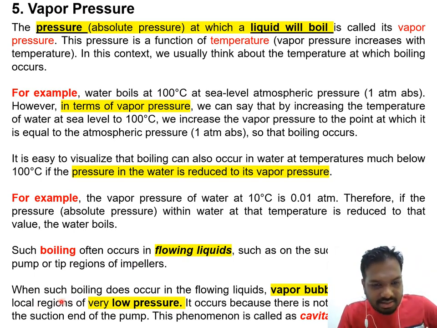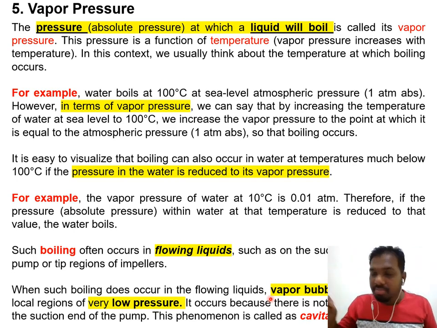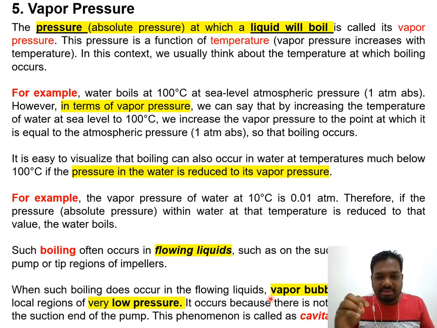When such boiling does occur in the flowing fluid, the vapor bubbles start growing in local regions of very low pressure. If you have a fluid moving from one place to another, maybe inside a pipe, and suddenly you have a very low pressure, it will start to generate vapor bubbles inside the water.